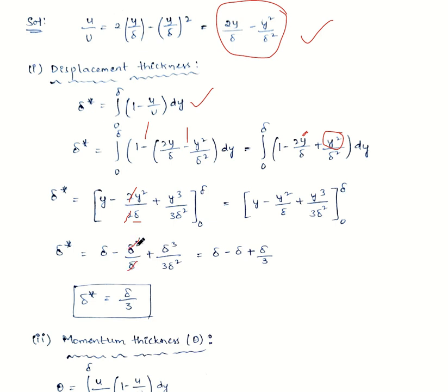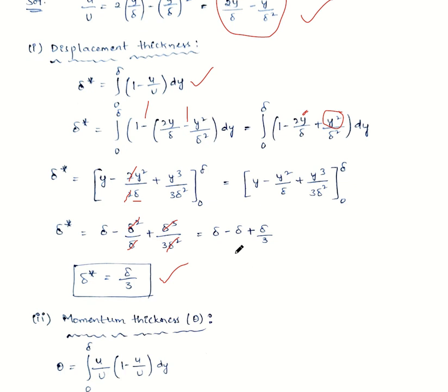When I cancel, I am left with δ, and in the last term another δ remains. So it is δ − δ + δ/3. Finally, if I take the LCM and these two get cancelled, it becomes δ/3.